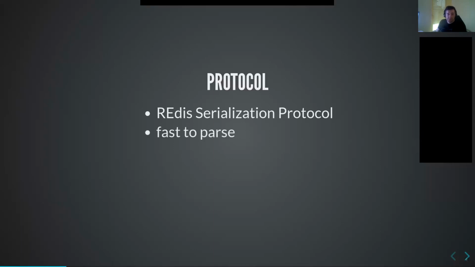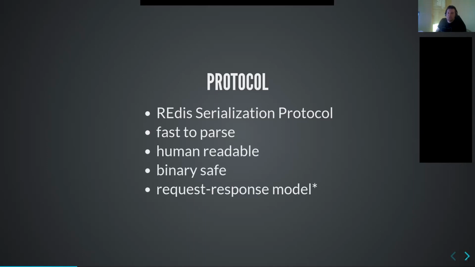The Redis serialization protocol has the following characteristics. It's generally fast to parse. It's human readable, so it's text-based, but it's also binary safe. And usually the whole communication over this protocol follows a request-response model.